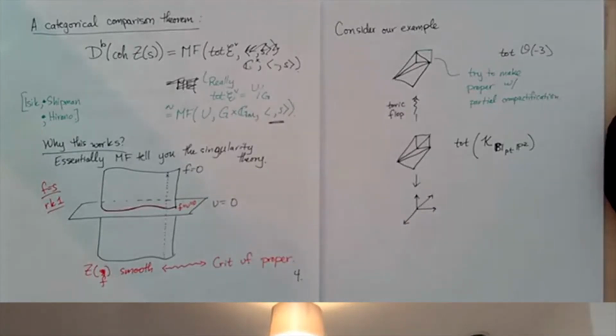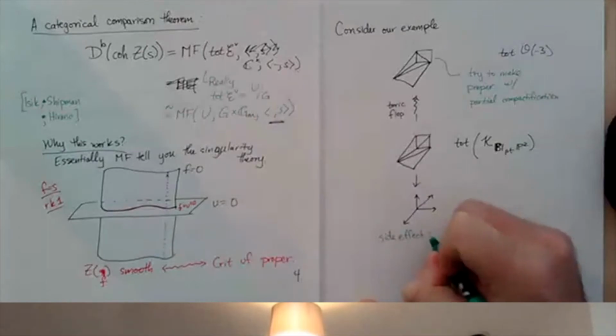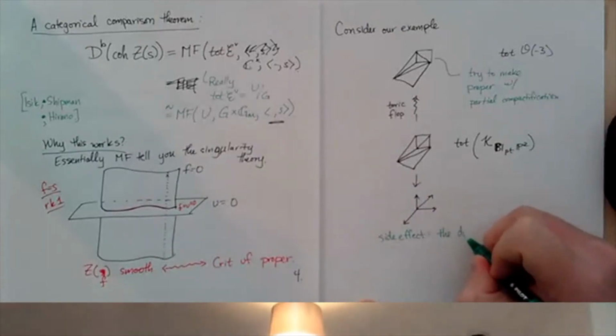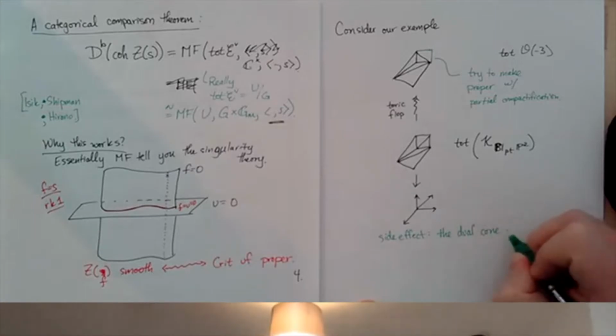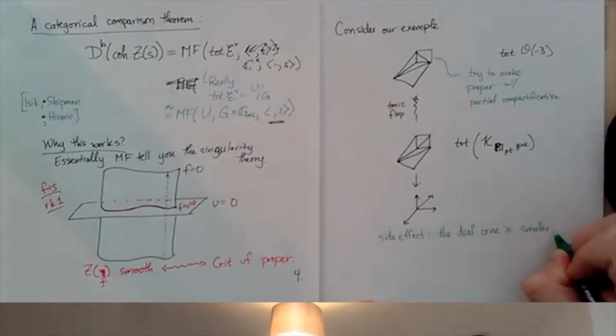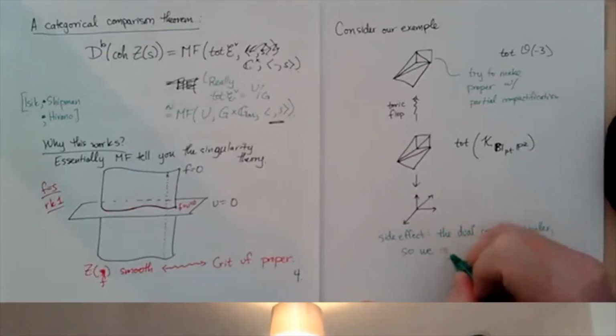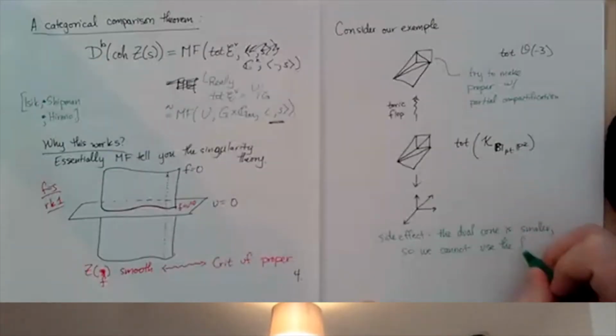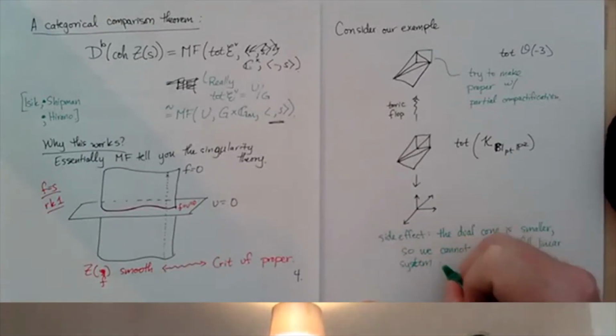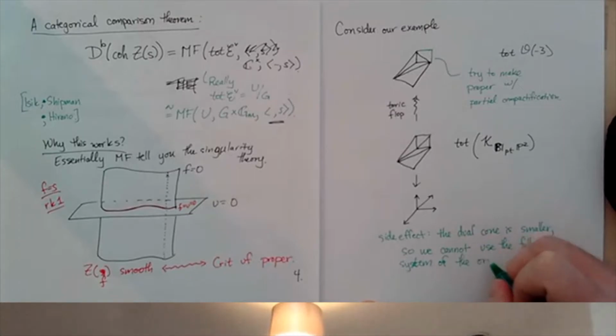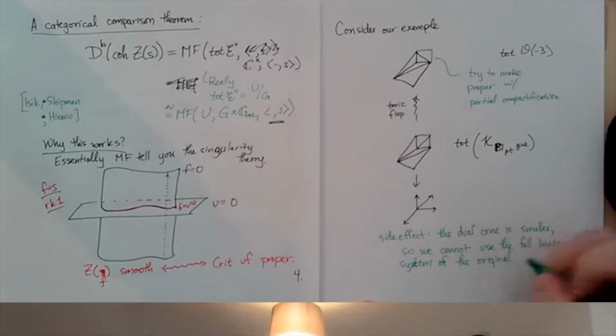So one thing that this does that is not ideal is that it has a side effect, which is that the dual cone ends up being smaller. So we cannot use the full linear system of the original vector bundle, or line bundle.